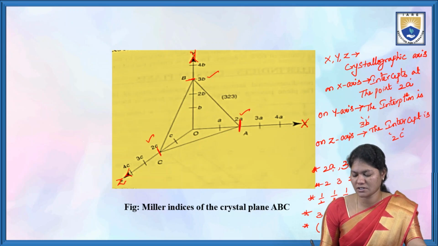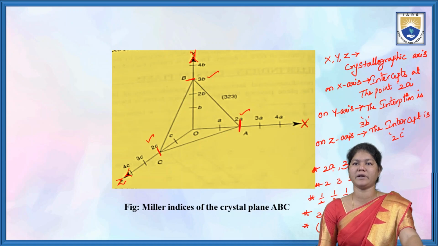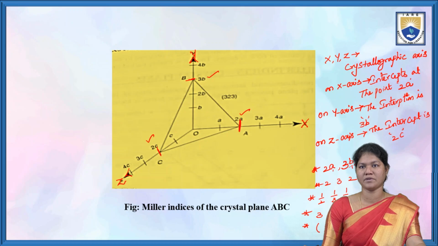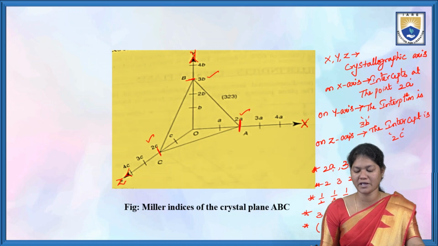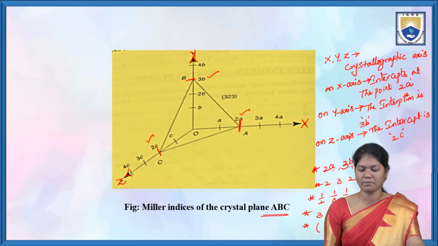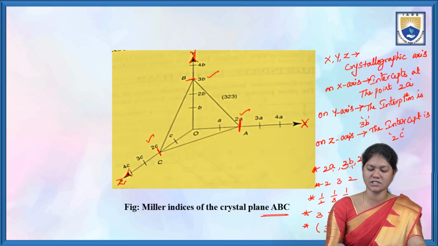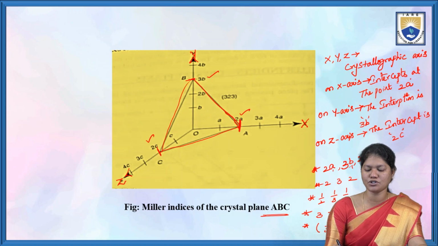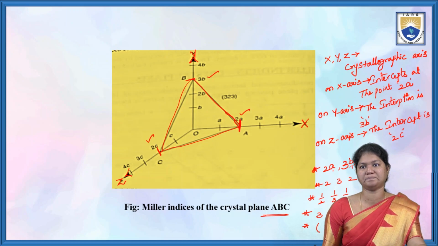So this represents the crystal plane. This is the Miller indices of the crystal plane ABC. The plane is intercepting the crystallographic axes at the dimensions of 2A, 3B, 2C.